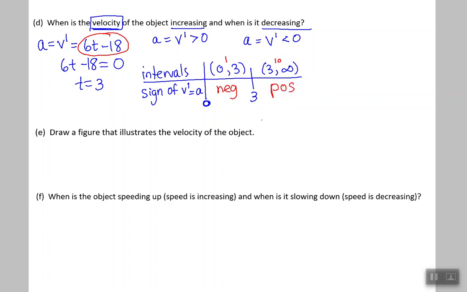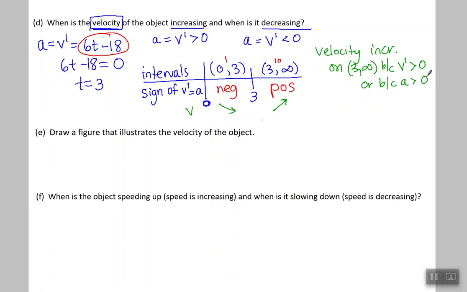So we think about what this means for velocity. If v prime is negative, v is decreasing. If v prime is positive, v is increasing. So we can say the velocity increases on the interval 3 to infinity because v prime is greater than 0, or because acceleration is greater than 0.